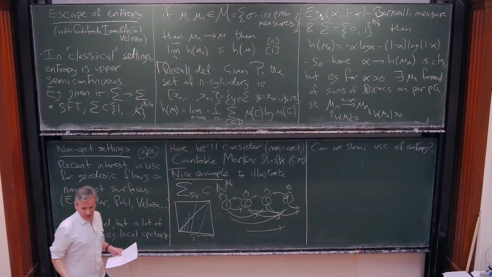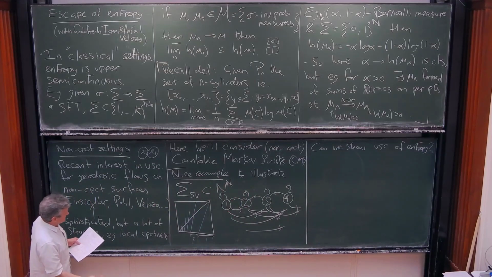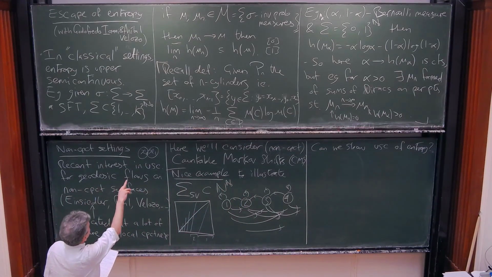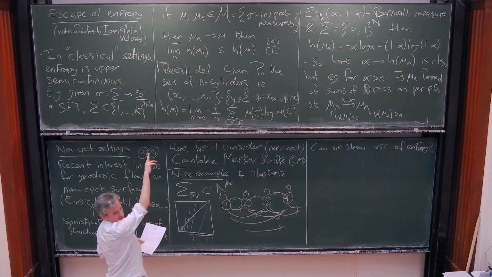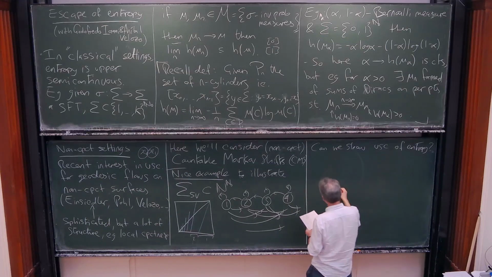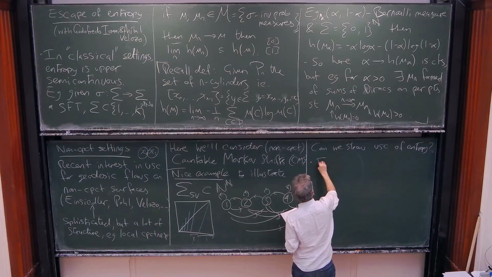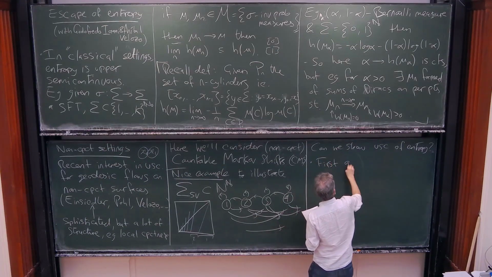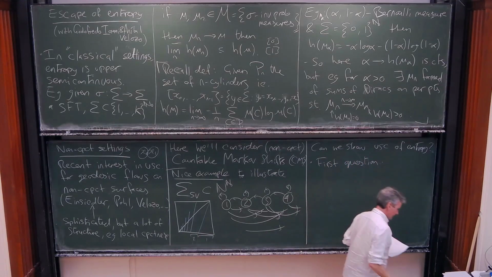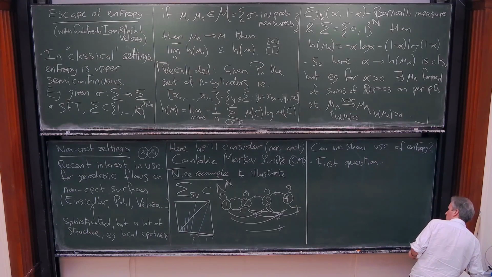Okay, so the first question you might ask yourself is, what topology am I looking at? I haven't really mentioned that here. There I was thinking about the weak star topology, but non-compactness causes problems. So let me just quickly address that. So first question, what's a good topology?